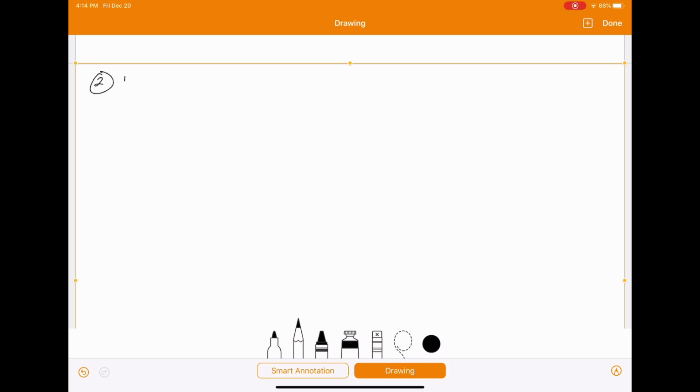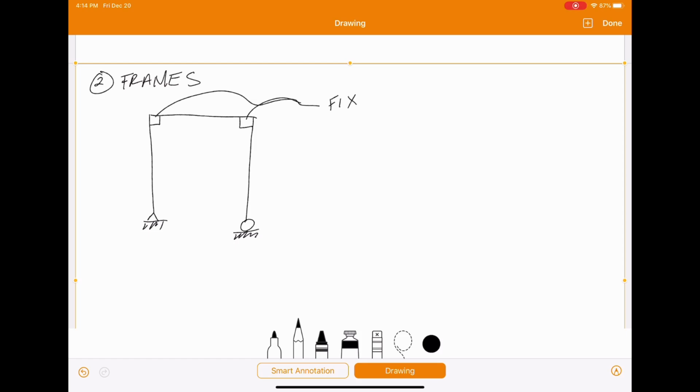All right, let's talk about frames now. The biggest thing that you need to know about frames is, let's just say we've got something that looks like this. These corners here at 90 degrees are fixed at 90 degrees.